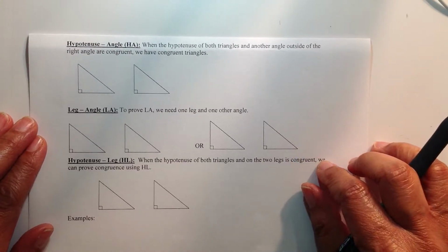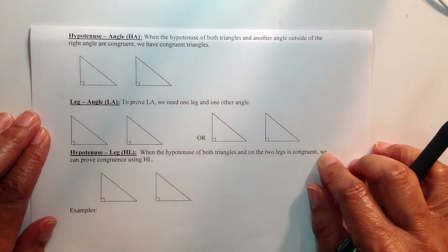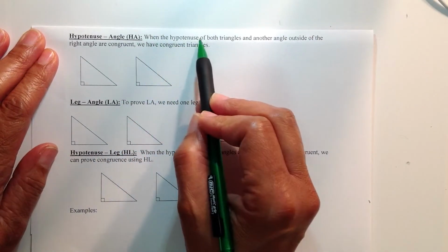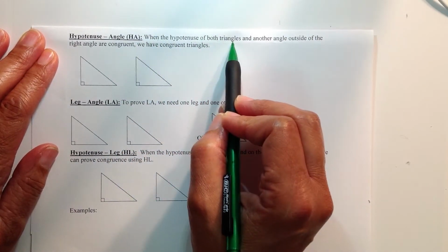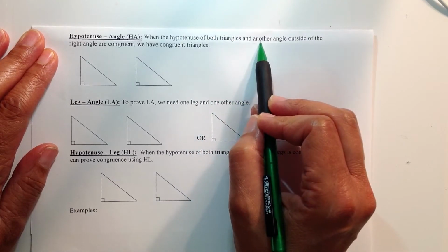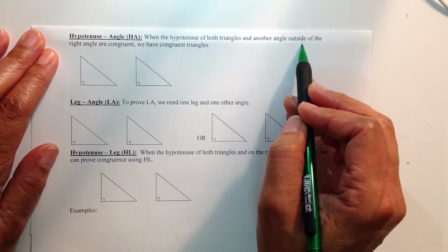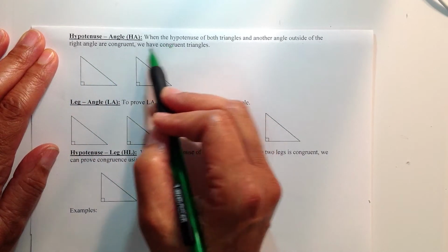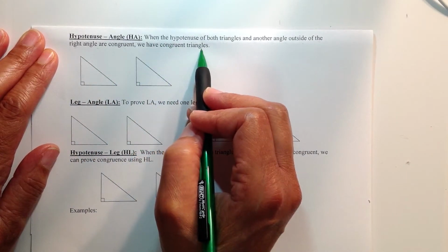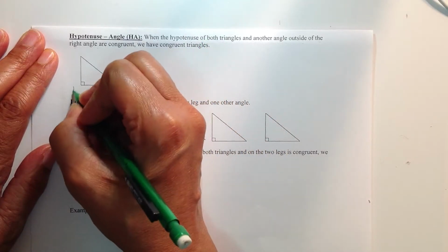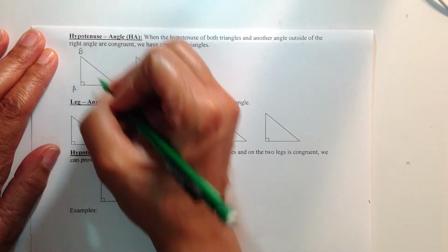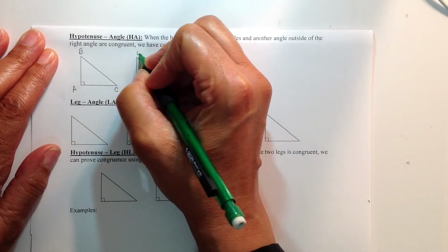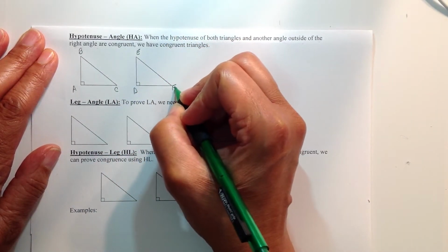Our next pattern is hypotenuse-angle. This is when the hypotenuse of both triangles and another angle outside of the right angle are congruent. Then we have congruent triangles. So let's look at our example. Once again, we're going to label the first right triangle ABC, then the next right triangle DEF.